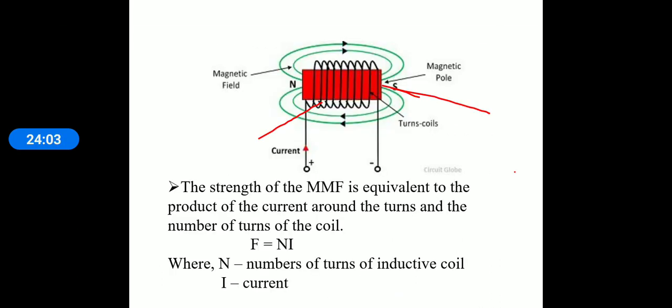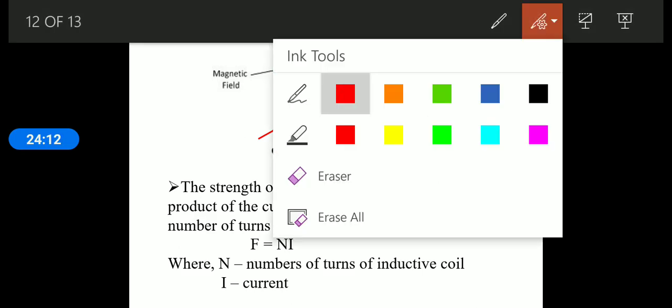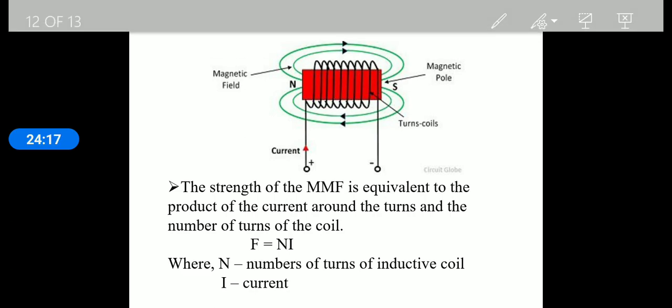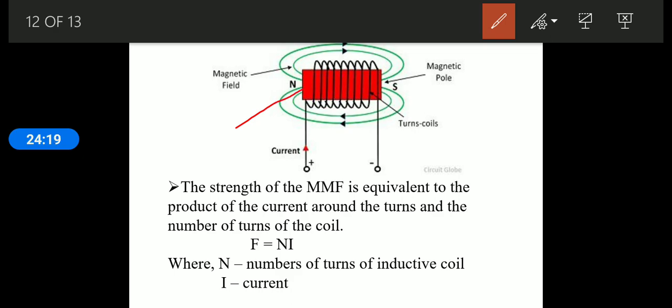Here is one magnetic circuit. This is the iron core. On this core, coils are wound, and when current flows through this coil, a magnetic field is developed across the coils.